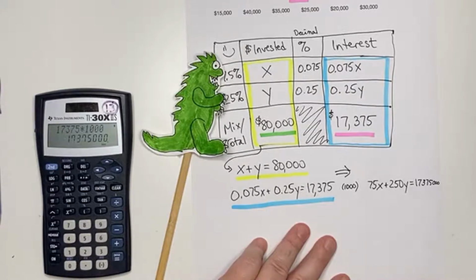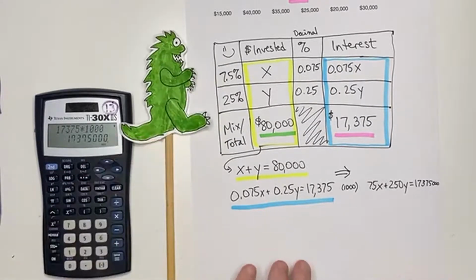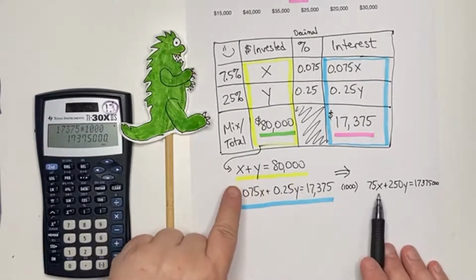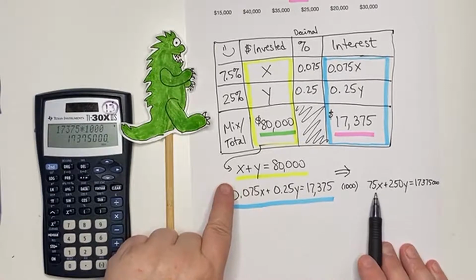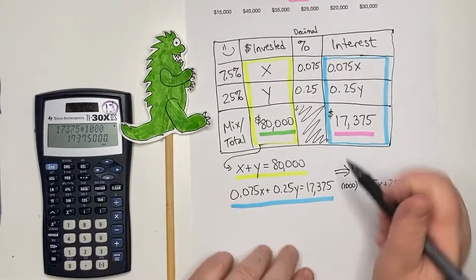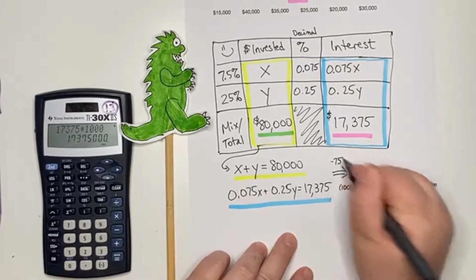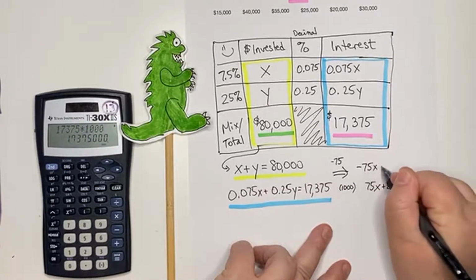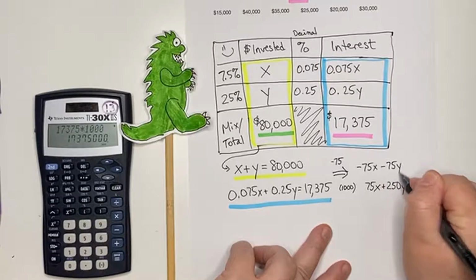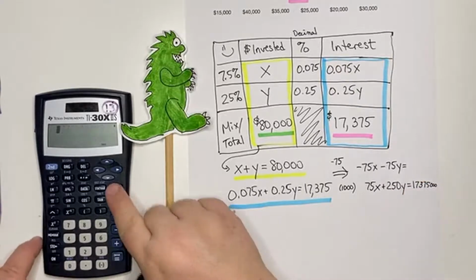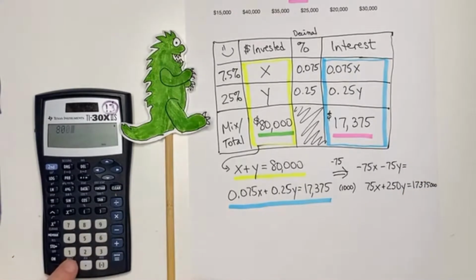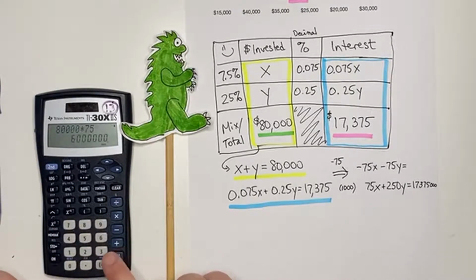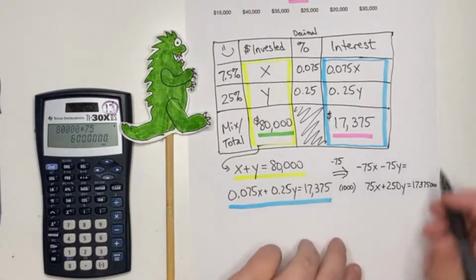I apologize. So if I'm going to cancel the X's or the Y's, I think I'm going to go for the X's again because that's a smaller number. So I'm going to multiply the top by negative 75. So I've got negative 75X minus 75Y equals 80,000 times 75. Now I'm going to multiply just by 75 because I know to put in the minus sign.